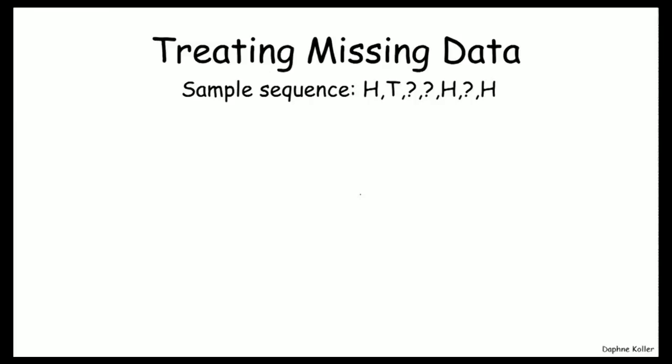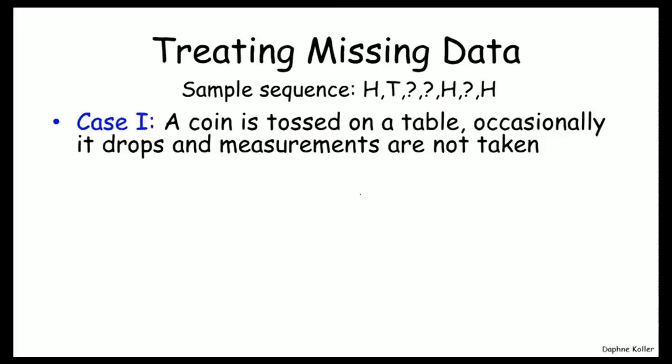To understand that, let's consider two different scenarios. The first one is an experimenter is asked to toss the coin, and occasionally the coin misses the table and drops on the floor, and the experimenter is too tired to crawl under the table to see what happened, and so they don't record the value of the coin in the cases where it fell on the floor.